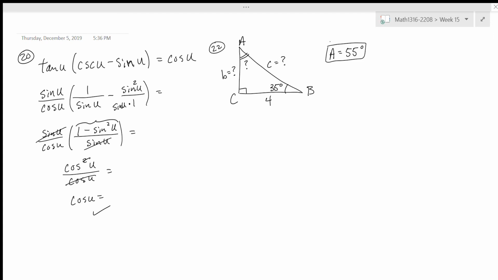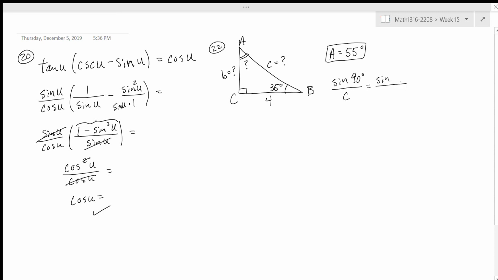What about little b or little c? Anybody have an idea how to get one of those? Wait, sine 90 over little c.